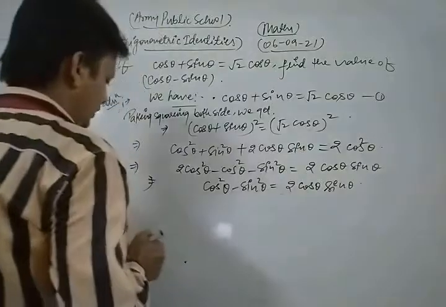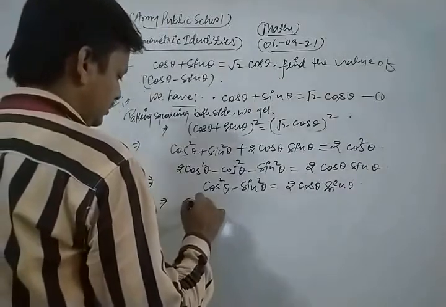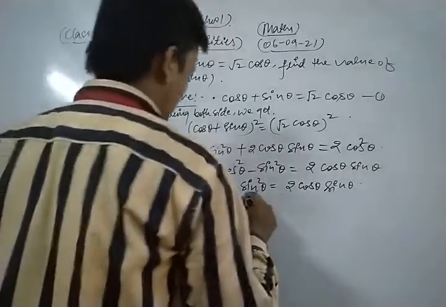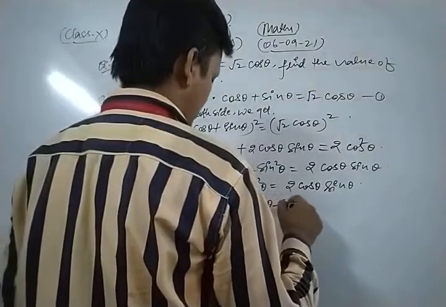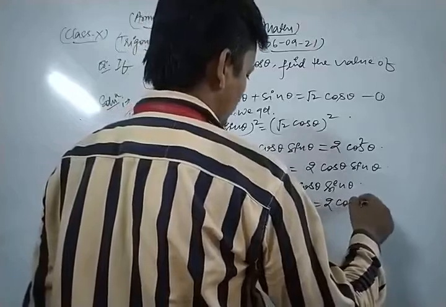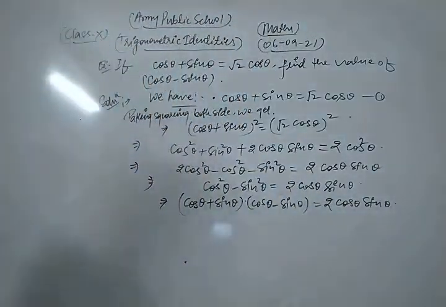Look here, we can write cos theta plus sin theta into cos theta minus sin theta, that is equal to 2 cos theta into sin theta.